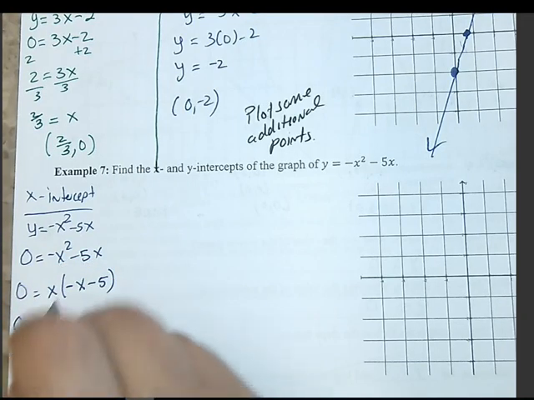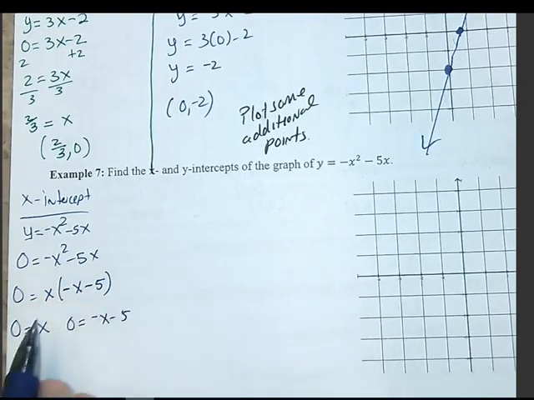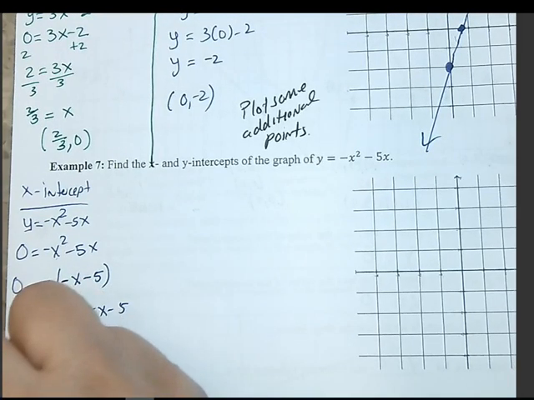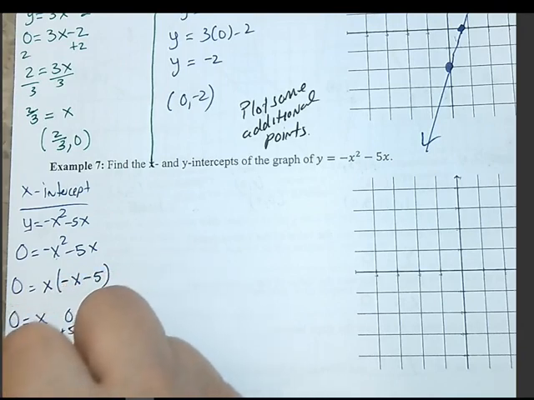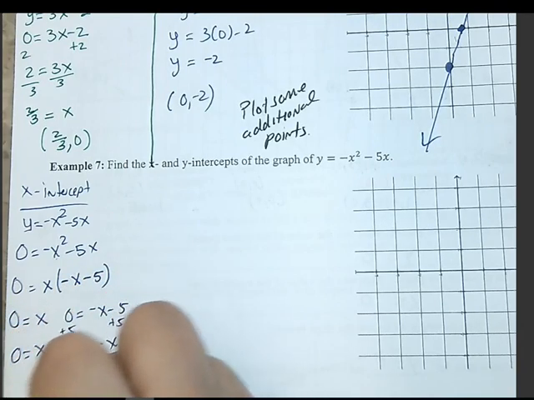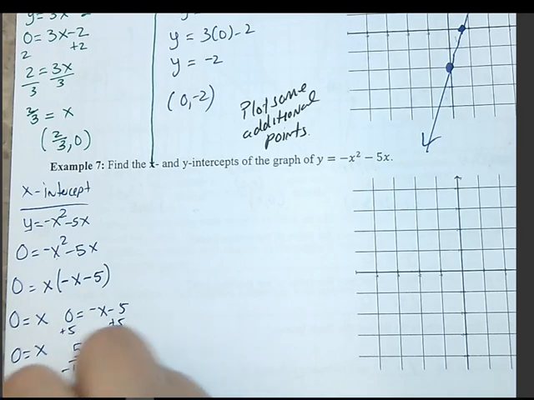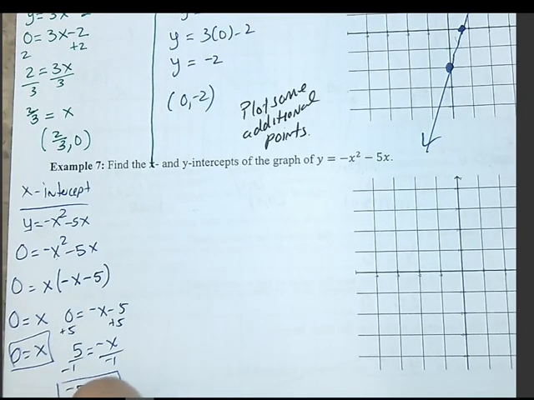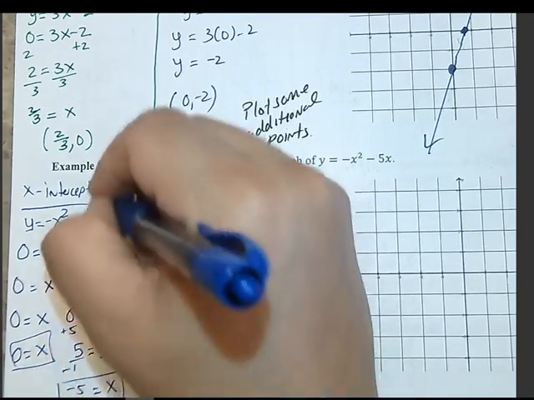So I can say x is equal to 0 and 0 is equal to -x minus 5, which means I can put these factors equal to 0. This is going to still be x equals 0. I'm going to add 5 on both sides and divide by -1. So we get two x-intercepts. So x is 0 when y is 0, and x is -5 when y is 0.